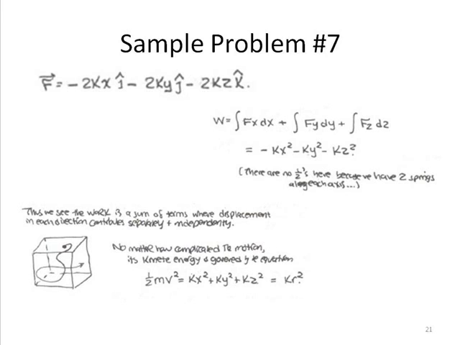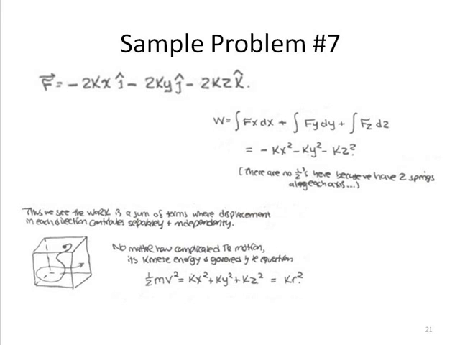Since all the springs are the same, the total vector force is just equal to minus 2kx in the x direction, minus 2ky in the y direction, and minus 2kz in the z direction. Plug this in and we get the very simple expression: work equals minus kx squared minus ky squared minus kz squared. Notice the 1/2 went away. That's simply because we have 2 springs working in each direction.